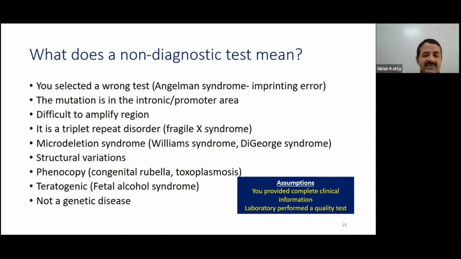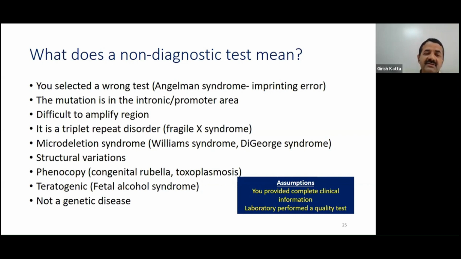Difficult to amplify regions, especially the GC rich regions. Okay, triplet repeat disorders like Fragile X syndrome, microdeletion syndromes like Williams syndrome, DiGeorge syndrome. This can be guessed if you do a good copy number analysis, but it is not a standard test to order when you are thinking of this. So structural variation, most of what I am discussing is on exome sequencing because that is most widely used.